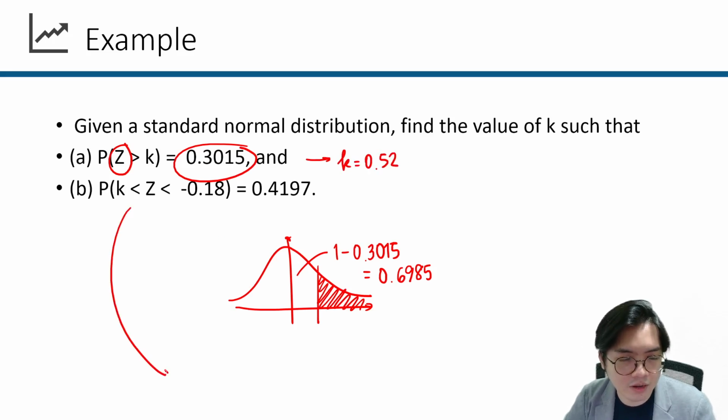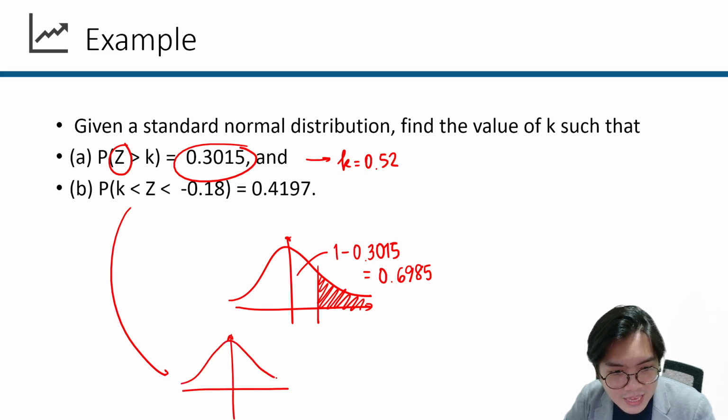Next, here, we will now have this value of k is less than 0.18. 0.18 is over here. And this value of k needs to be somewhere in here for this area to be 0.4197.